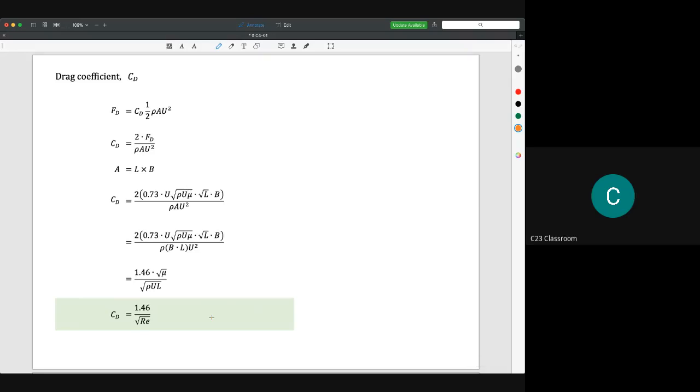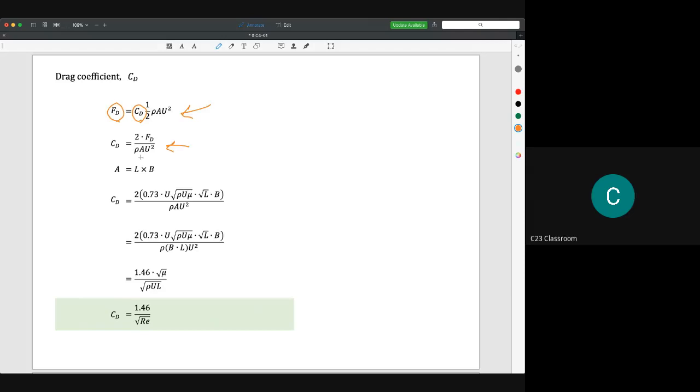So we know that the relation between the drag force and the drag coefficient is like this: FD is equal to CD times 1 over 2 rho A U square. If we want to calculate the CD, we rearrange the equation, so we have 2FD over rho A U square.